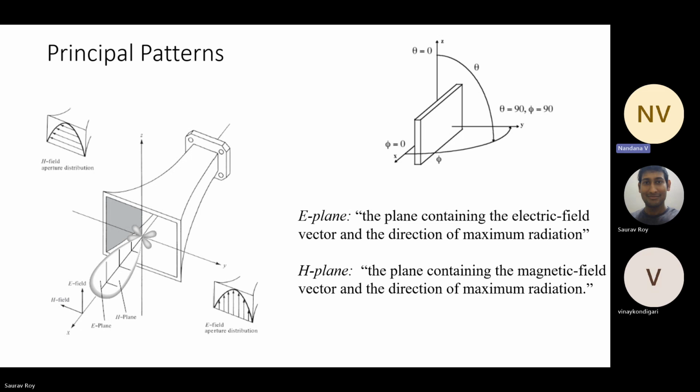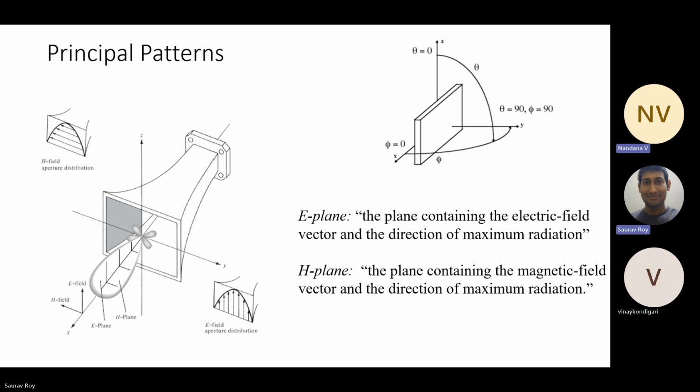E plane is along Z and XZ, and H plane is YZ. So XZ is the E plane, right? X is the direction of maximum radiation and Z is the direction of electric field. Is this clear from the definition?